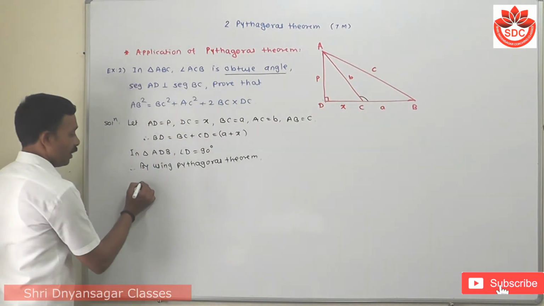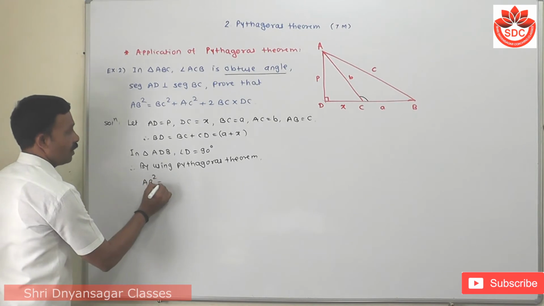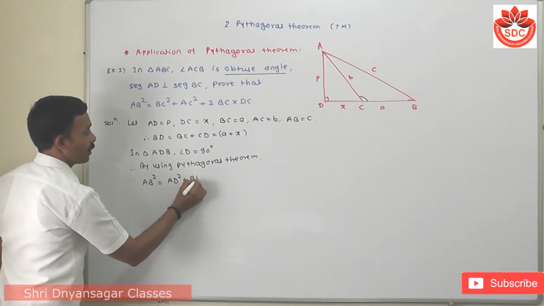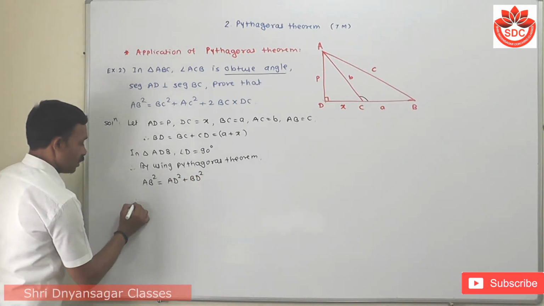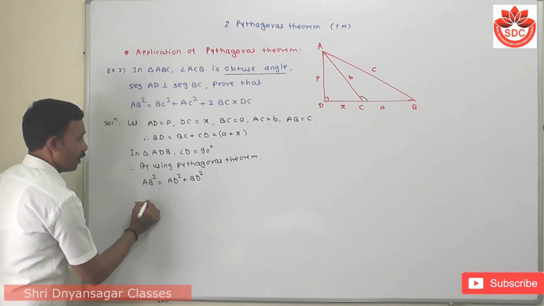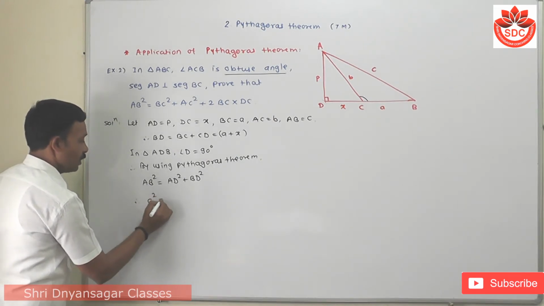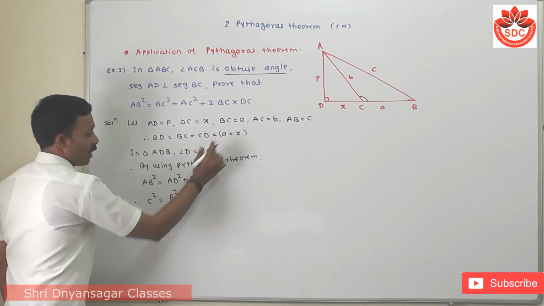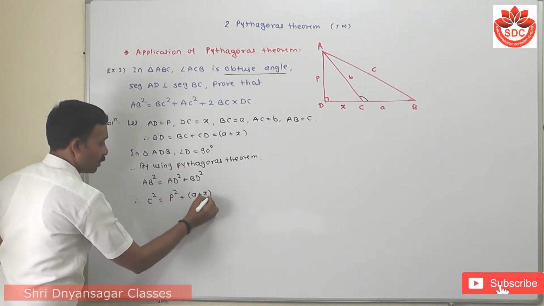So I have to write AB square is equal to AD square plus BD square. Substitute the values: AB is C, so C square is equal to AD is P square plus BD is (A plus X) whole square.